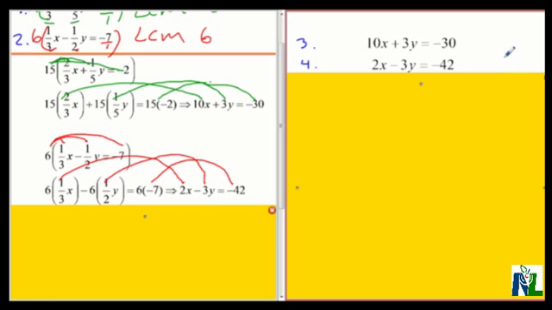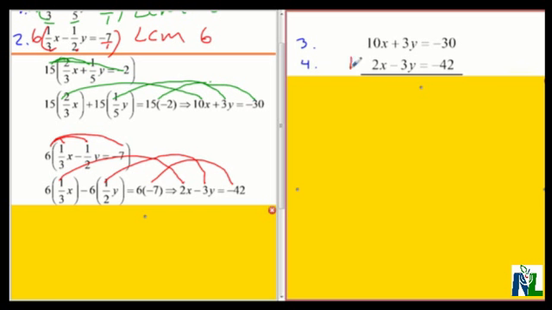Now I notice right away that in equations 3 and 4, the y terms have opposite coefficients. In other words, I have a 3 here and a -3 here. So right away, I can add equations 3 and 4, and the y terms will be eliminated.